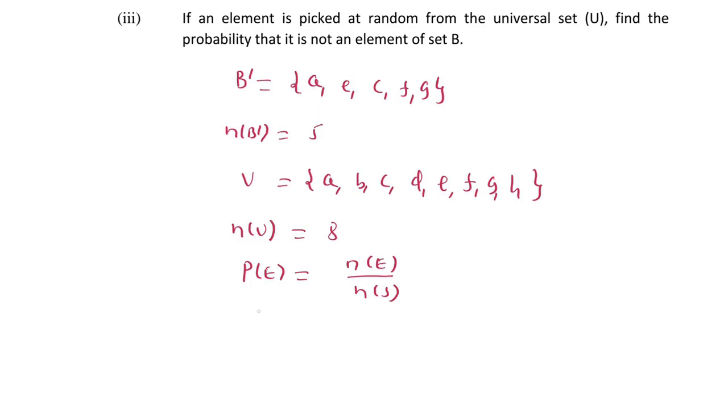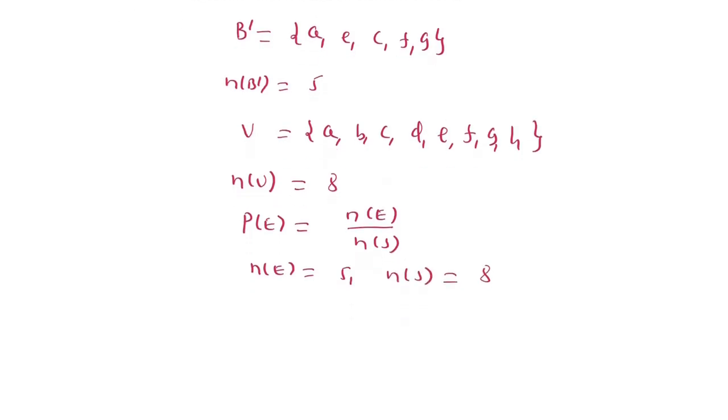Here, the number of events is 5 and the number of sample space is 8. Substituting these values, we have probability of an event equals 5 over 8, and this is our answer.